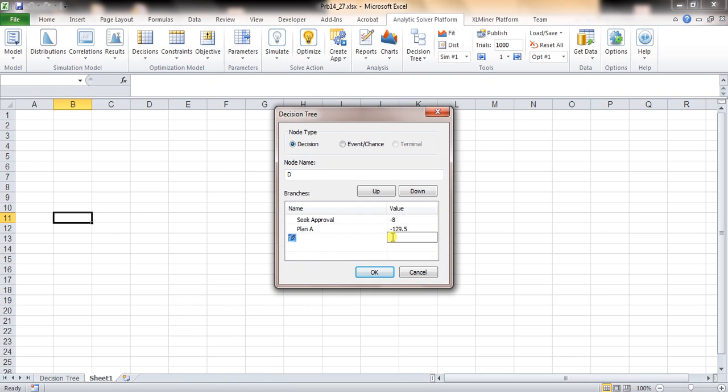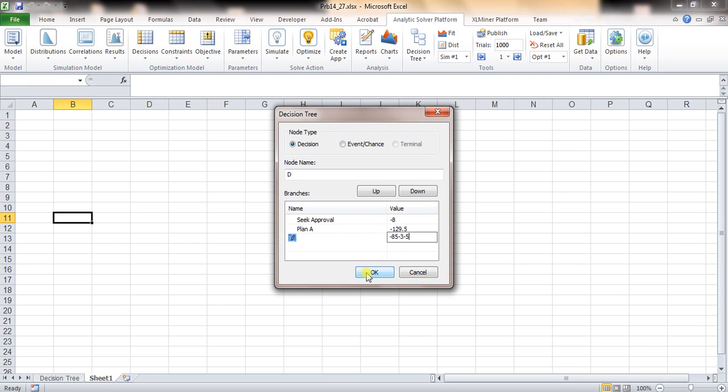So the cost of plan B would be 85. Then again we have 2 months of holding cost, that is 3,000, 2 into 1.5, and there would be an application cost for the approval, that is another 5,000.